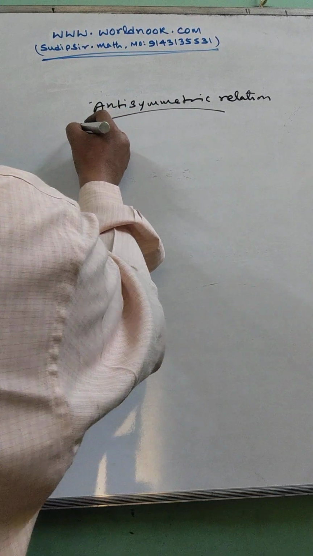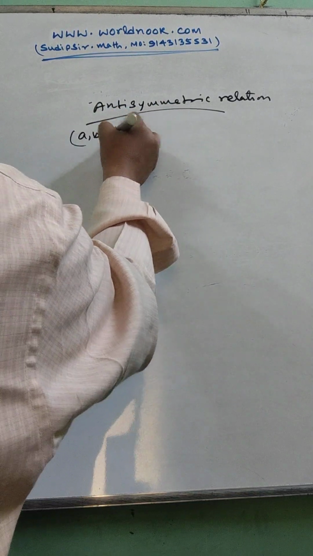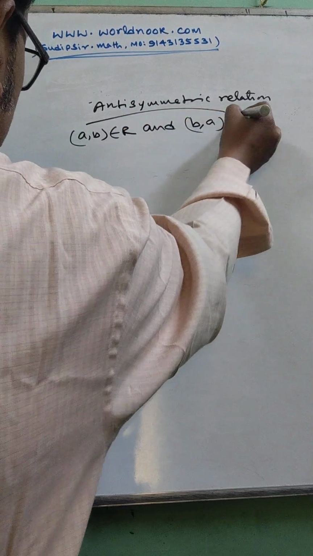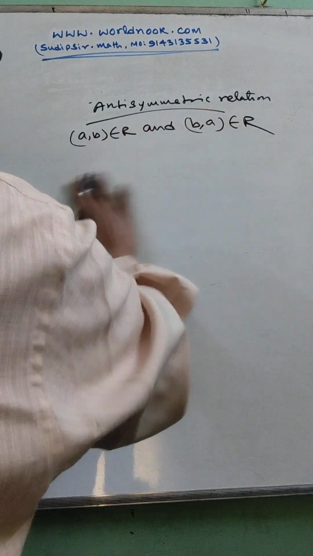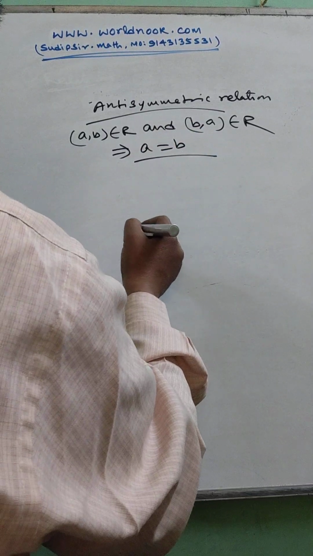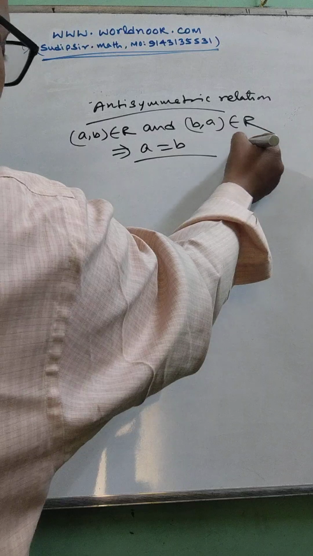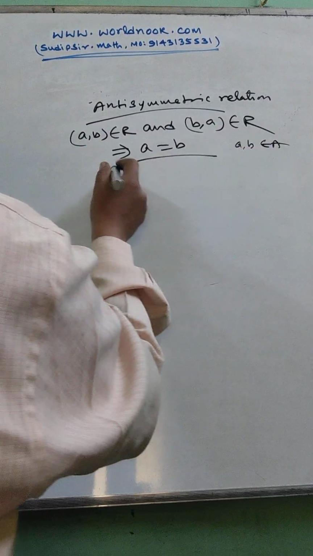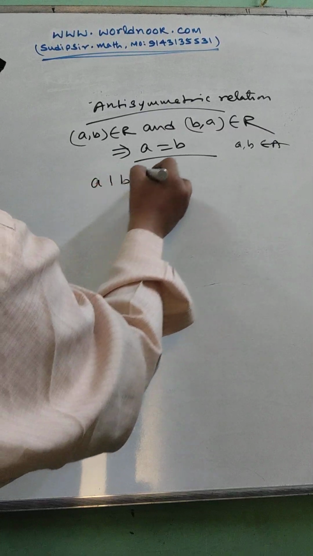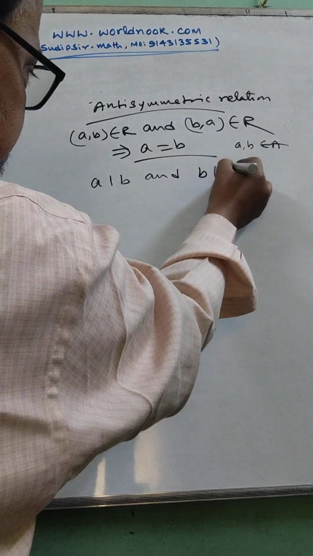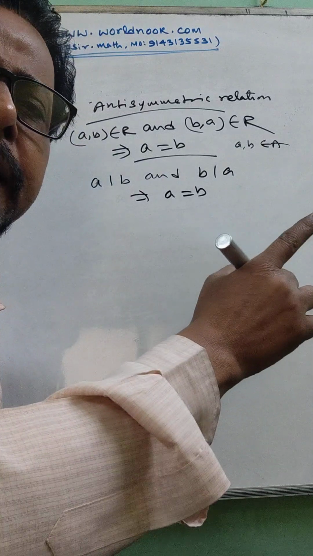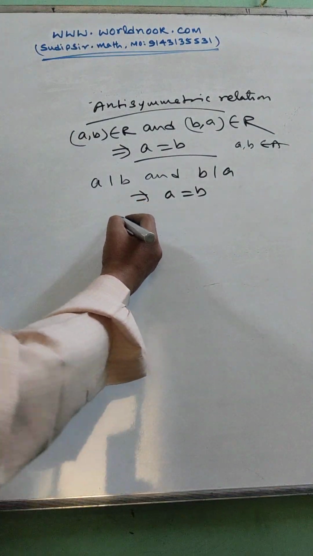In an antisymmetric relation, if (A, B) belongs to R and (B, A) belongs to R, this implies that A equal to B, for all (A, B) belongs to A. For example, if A divides B and B divides A, it must be A equal to B.